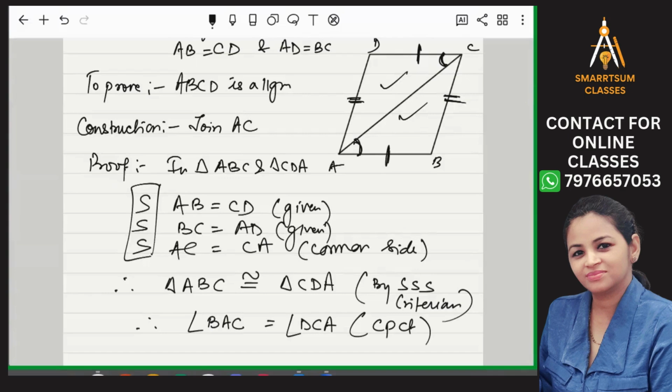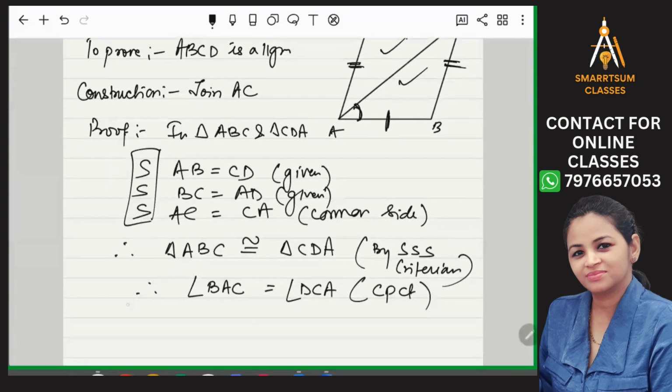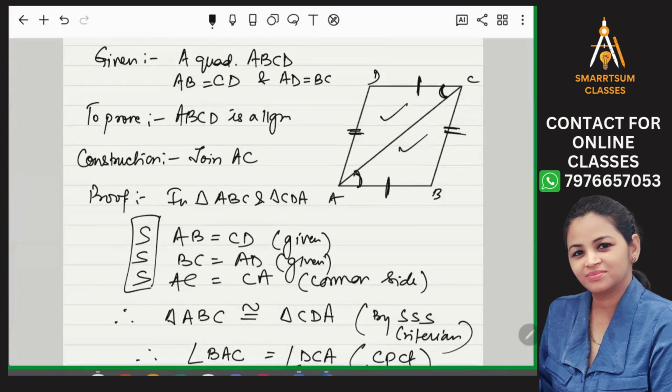And if you look at these two angles, these are alternate interior angles, yes or no? The two lines AB and CD are cut by the third line AC, where AC is the transversal.